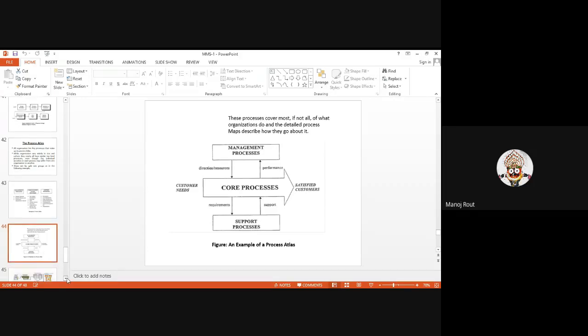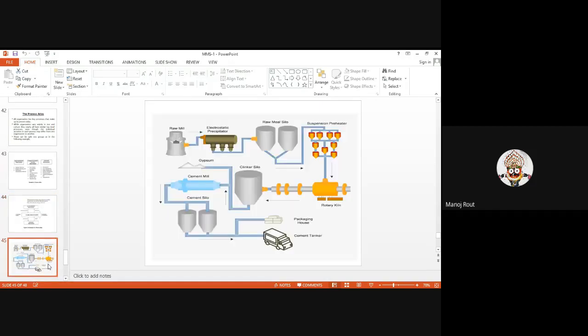Going to the next one, here is the typical cement manufacturing process, a schematic view of the process diagram of cement manufacturing. Initially, if you see in the figure, the raw mill, which includes limestone and iron dust, is directly collected inside the raw mill.